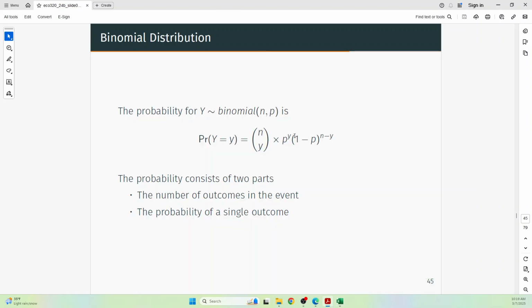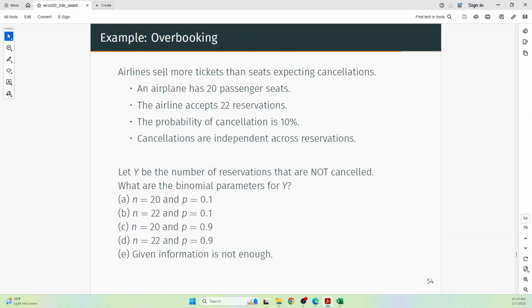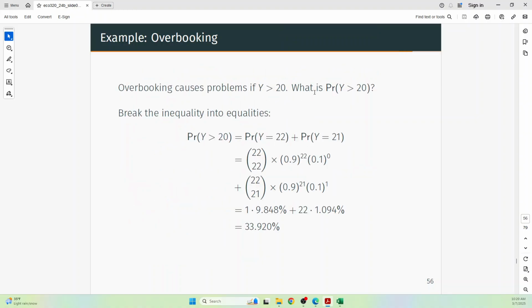And let's move to another option. Let's think about this case. In the overbooking example from the slides, we have 22 reservations, but only 20 seats. The cancellation probability is 10%. In this case, we are curious about the probability of greater than 20, right?